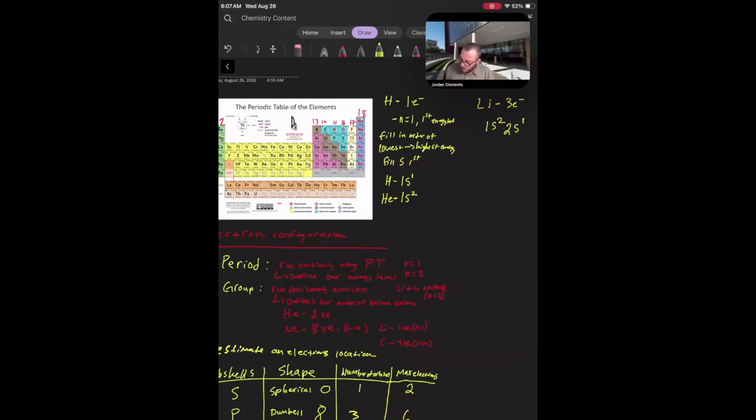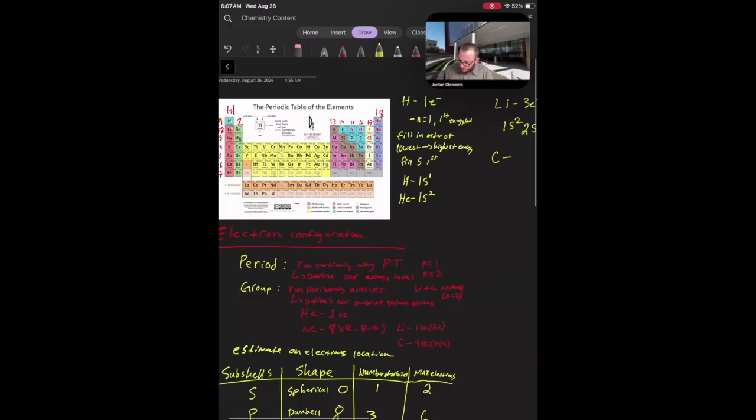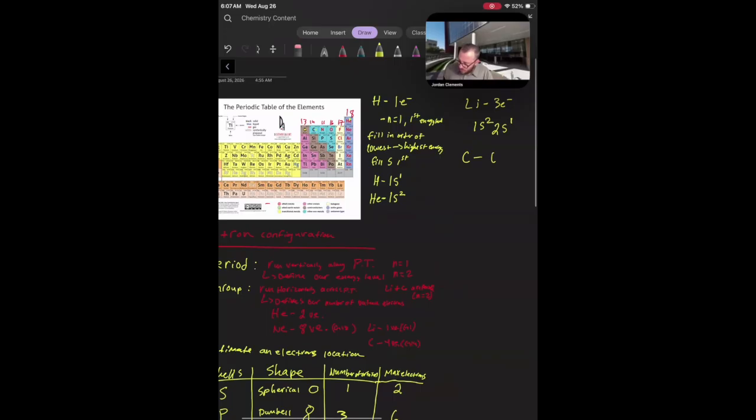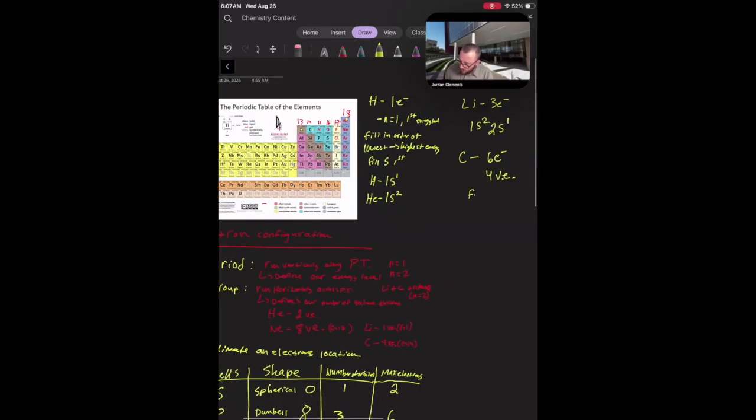Let's look at carbon. Carbon, we have the 3 from lithium. Let's keep going. 4, 5, 6. Carbon has 6 electrons. How many valence electrons? It's going to have 4 valence electrons. So 4 VE. So let's fill in. We fill the 1s, right? And then we fill the 2s.